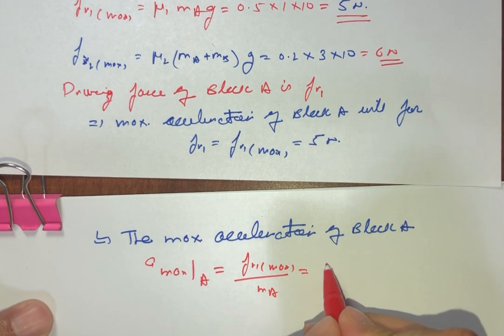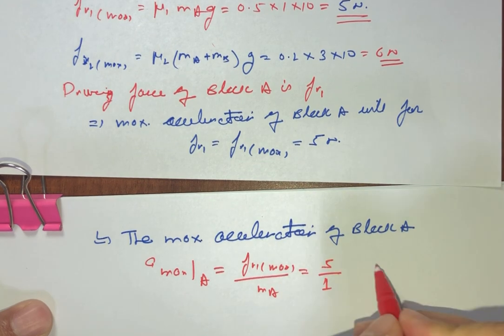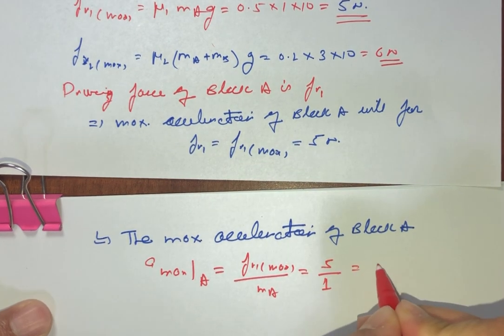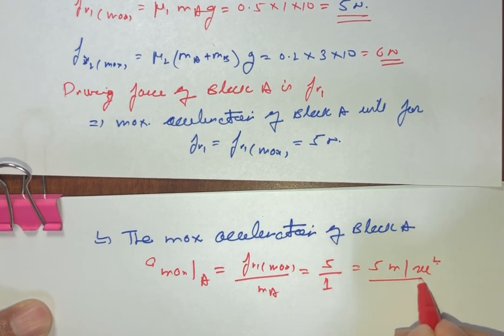Fr1 max is 5 Newton, mA is 1, so we get the maximum acceleration of A as 5 meter per second square.